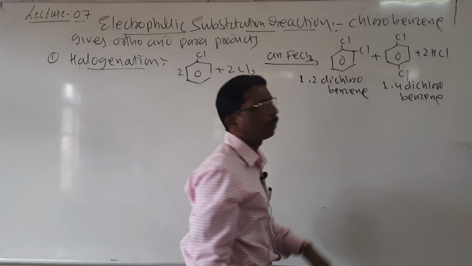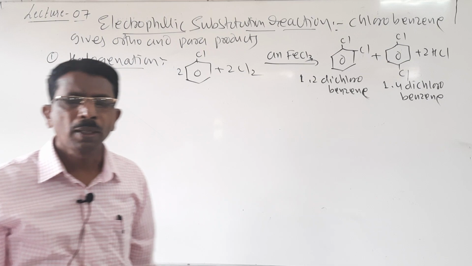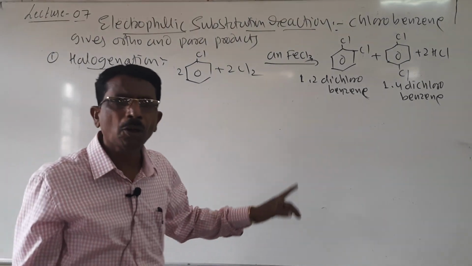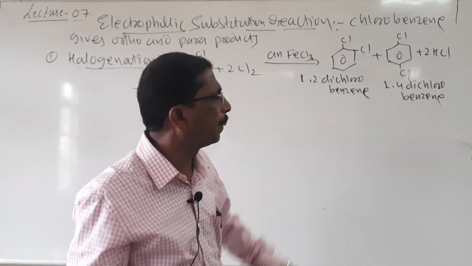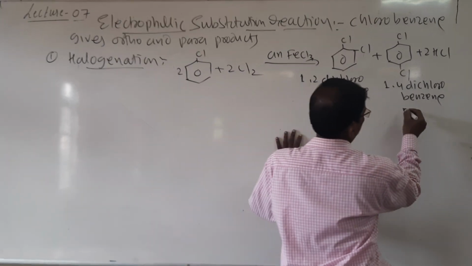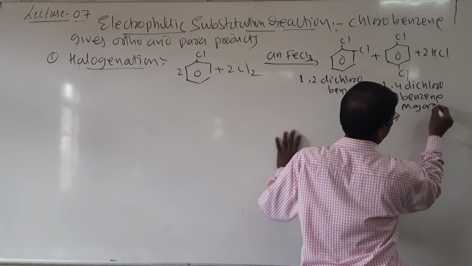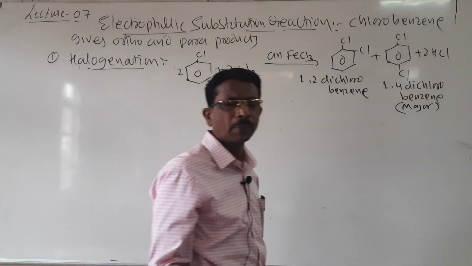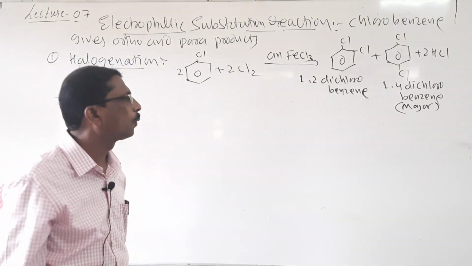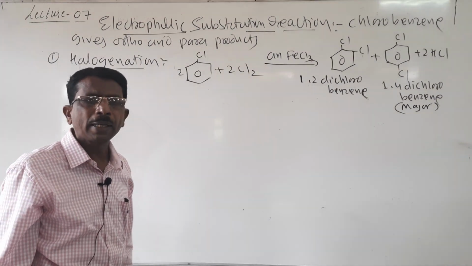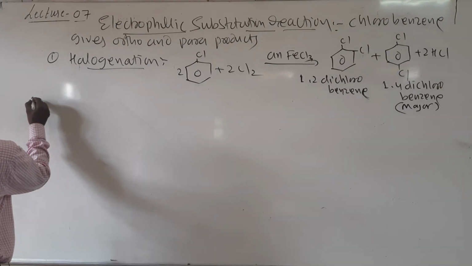So it forms ortho and para products. In all these reactions, the para product is the major product, remember: 1,4-dichlorobenzene. And in the same way, nitration takes place.